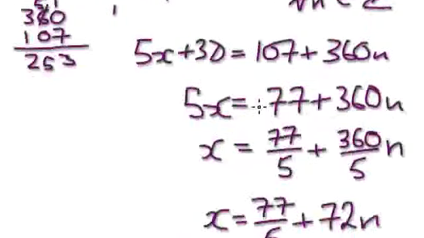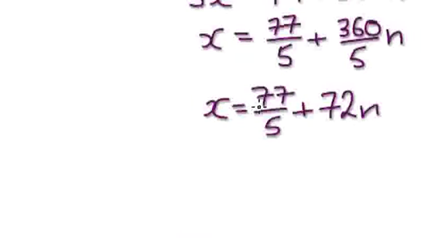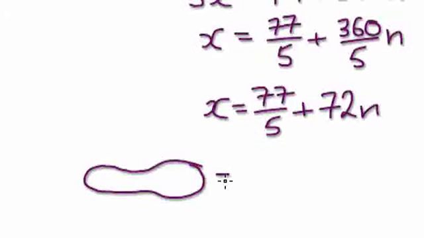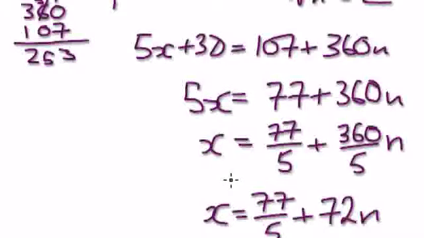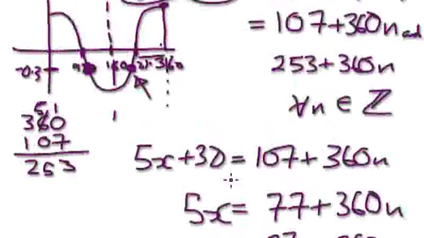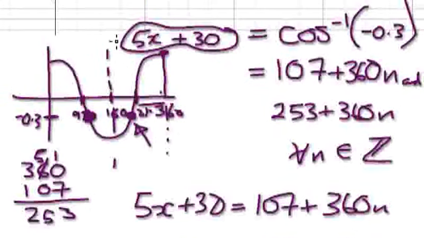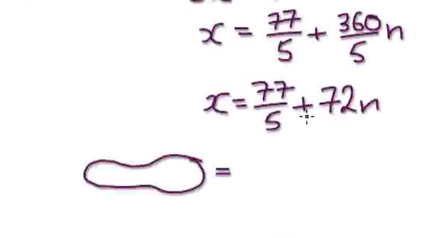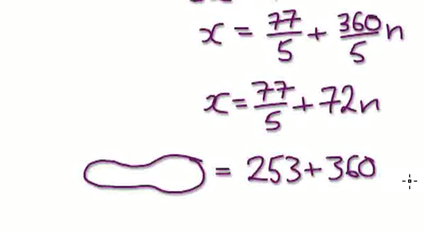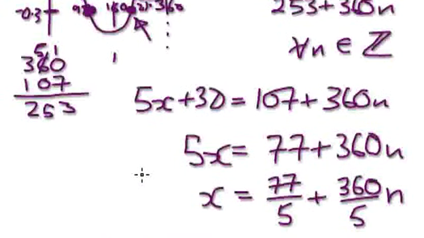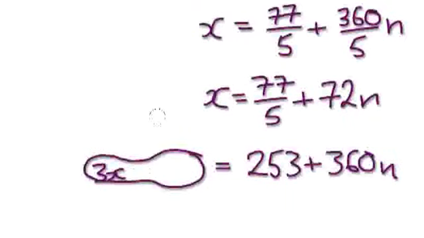Back to the bubble, equaling the second set, 253 plus multiples of 360n.